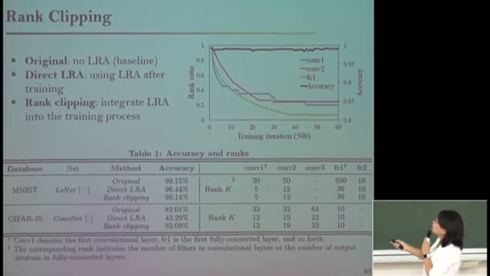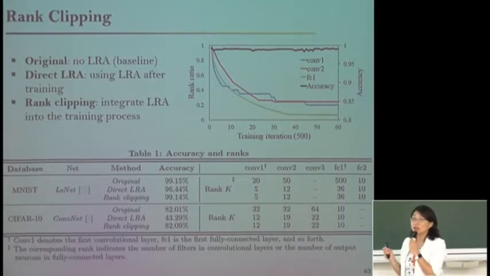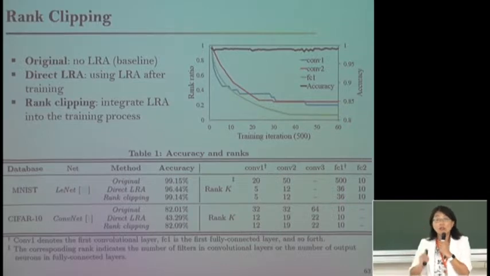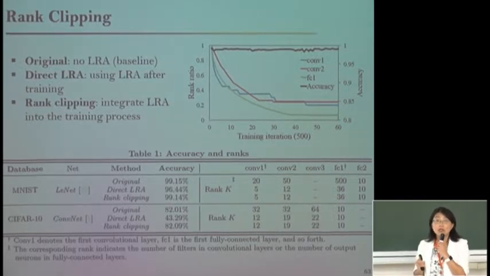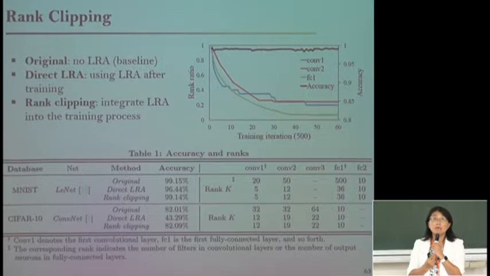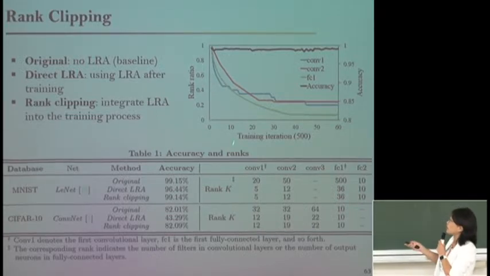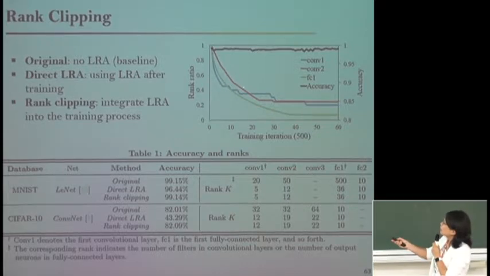Okay. For the convolution layers, the functionality of a convolution layer in a neural network is to capture the features. So usually for convolution layers, the possible sparsity rate is not as high as for the fully connected layers. So you can say it drops, but not as fast as the fully connected layers.